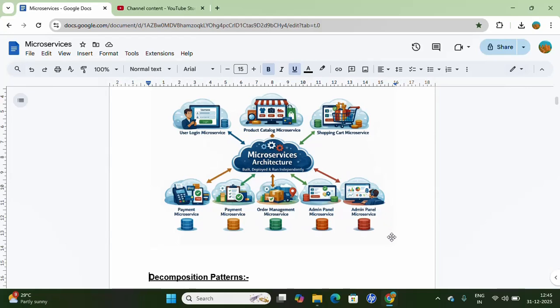When the application grows and they add new business functionality that is completely new, we are going to add one more service. The services interact via REST. This is the microservices architecture.